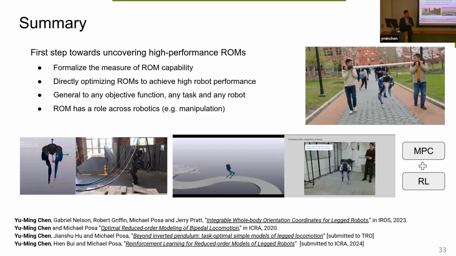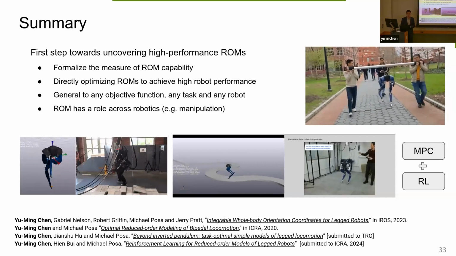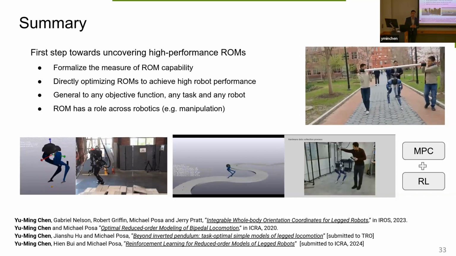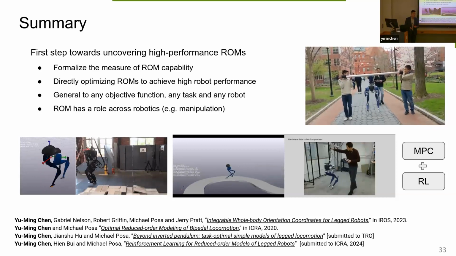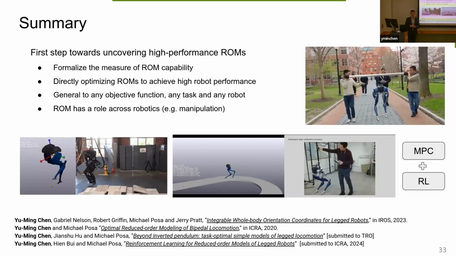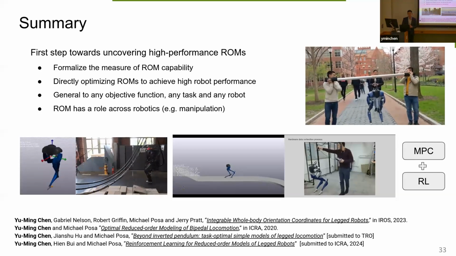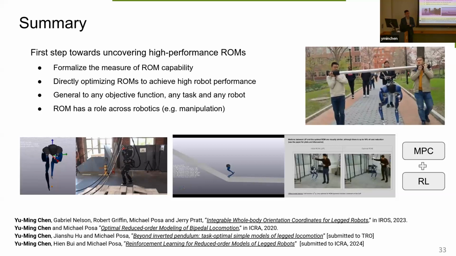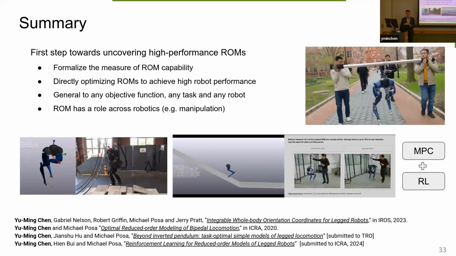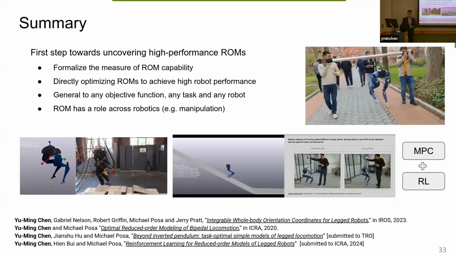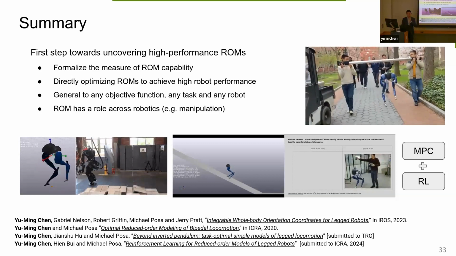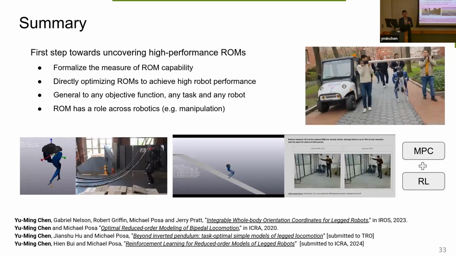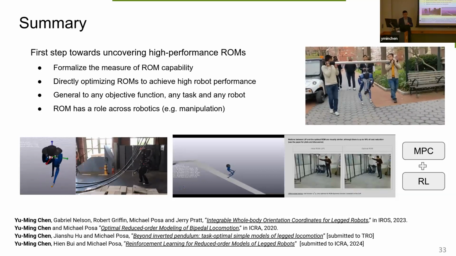Specifically, in the first chapter, I found the whole body orientation. It's a forward kinematic function that maximally approximates the real angular momentum. And in the second chapter, I optimized the model with respect to any cost functions and any task distribution, and embed this optimal model in the robot via MPC. And lastly, I incorporated RL to further improve the model performance.